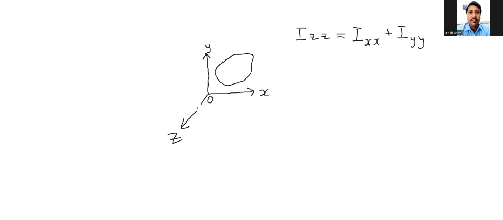Let us take one x-axis and one y-axis, with the origin O. Then let us take one axis which is perpendicular to this x and y axis, towards the observer.